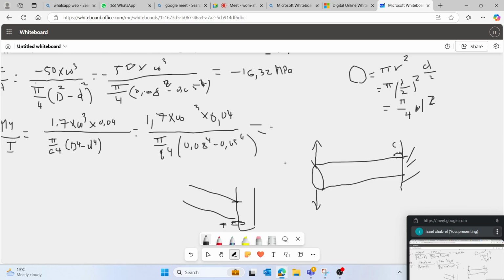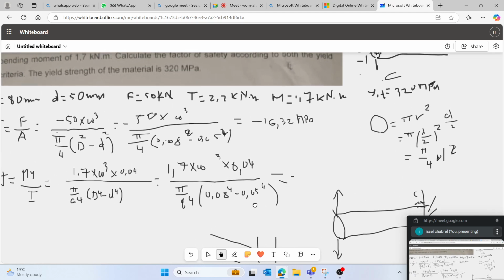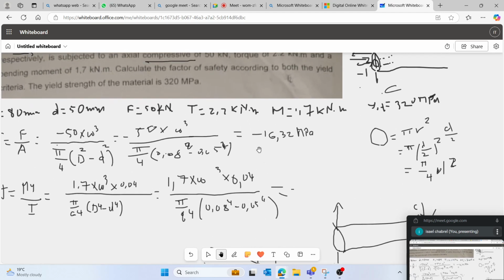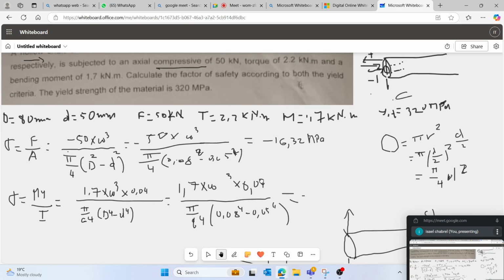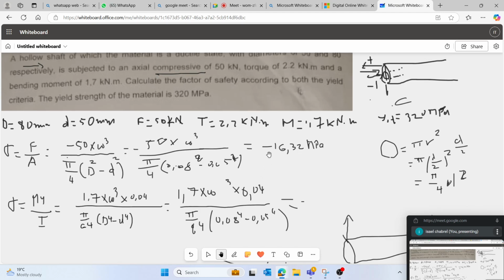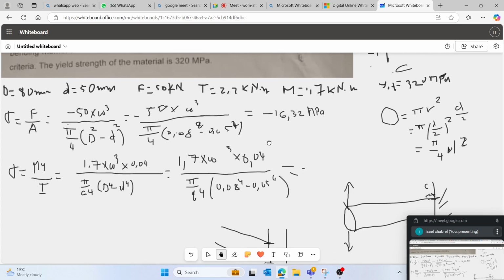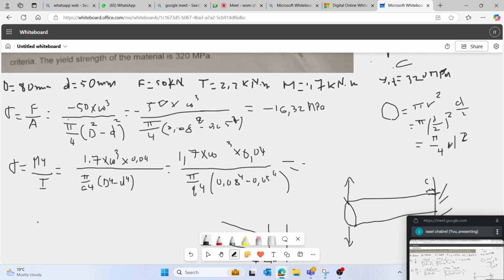Here's the trick about this thing. The most critical is the addition of these two direct stresses. Let's say this force was tensile. It means it's going to be a positive answer, right? Can you please give me the answer first, guys?